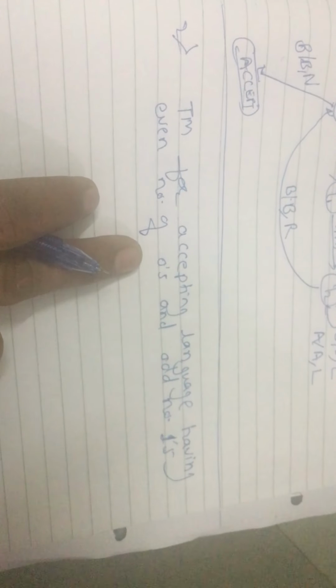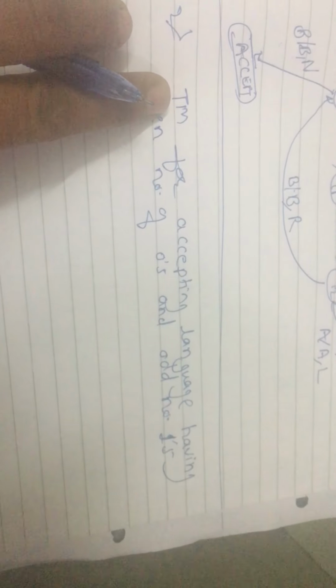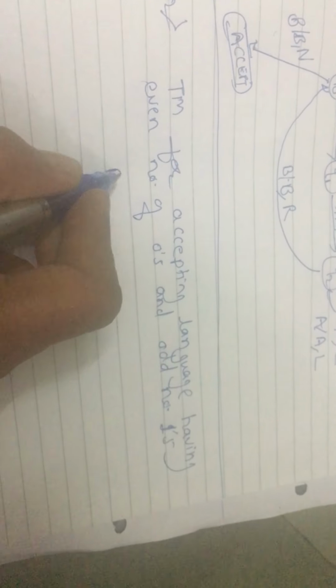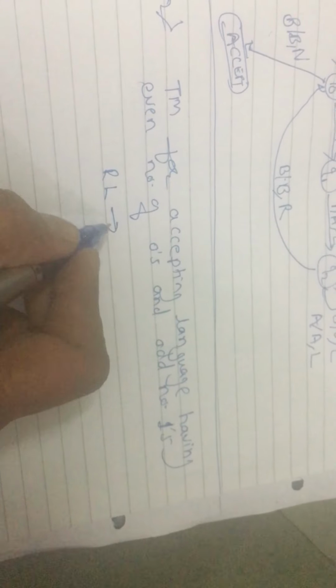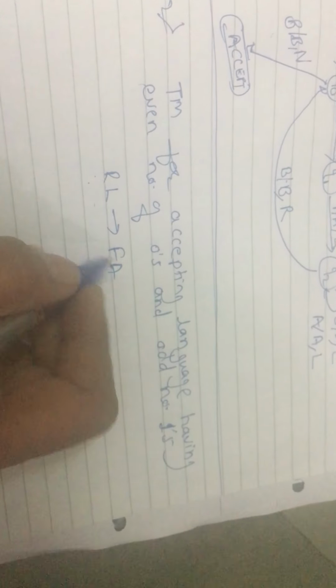Now we have already seen this problem statement for finite automata. This is one type of construction of Turing machine. This is an example of a regular language, and we have the finite automata for the regular language.